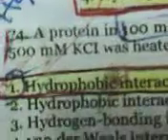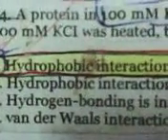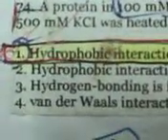When the same protein solution in 500 millimolar KCl was heated, the observed Tm was 65 degrees Celsius. What is the most probable reason for this increase in Tm? The answer is number one, which is correct: hydrophobic interactions are increased and electrostatic repulsion is decreased.